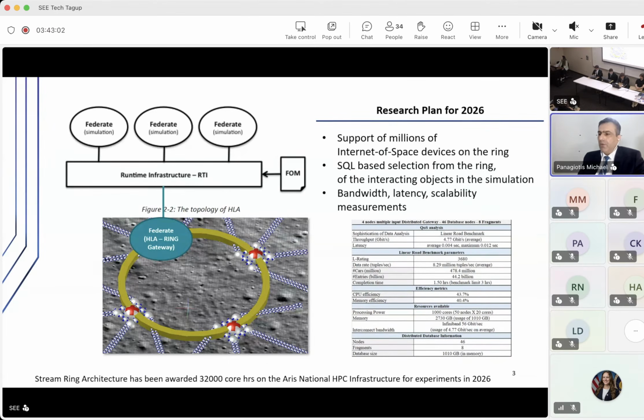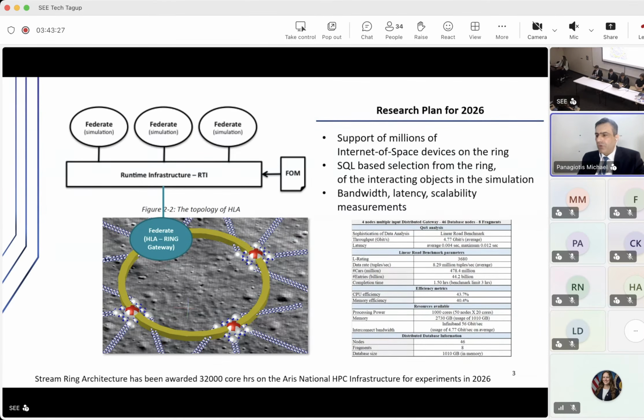More specifically, we are interested in seeing the scalability of the solution. Of course, we are not able to connect the supercomputer with Pitch for security reasons related to the infrastructure, but we will be able to run a module locally, capable of scaling up to a few million Internet of Space devices.